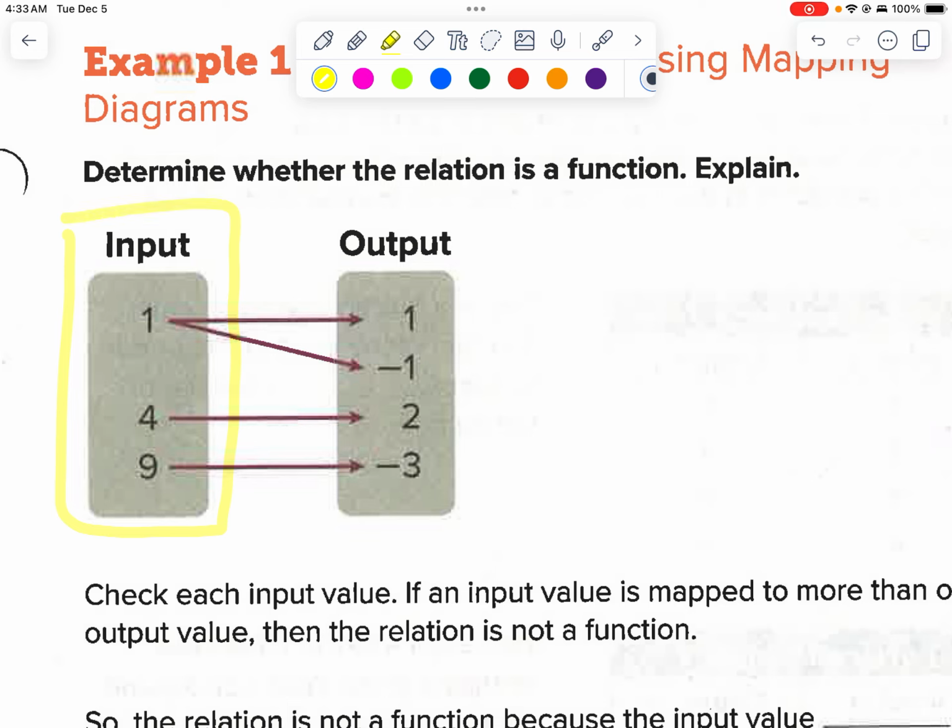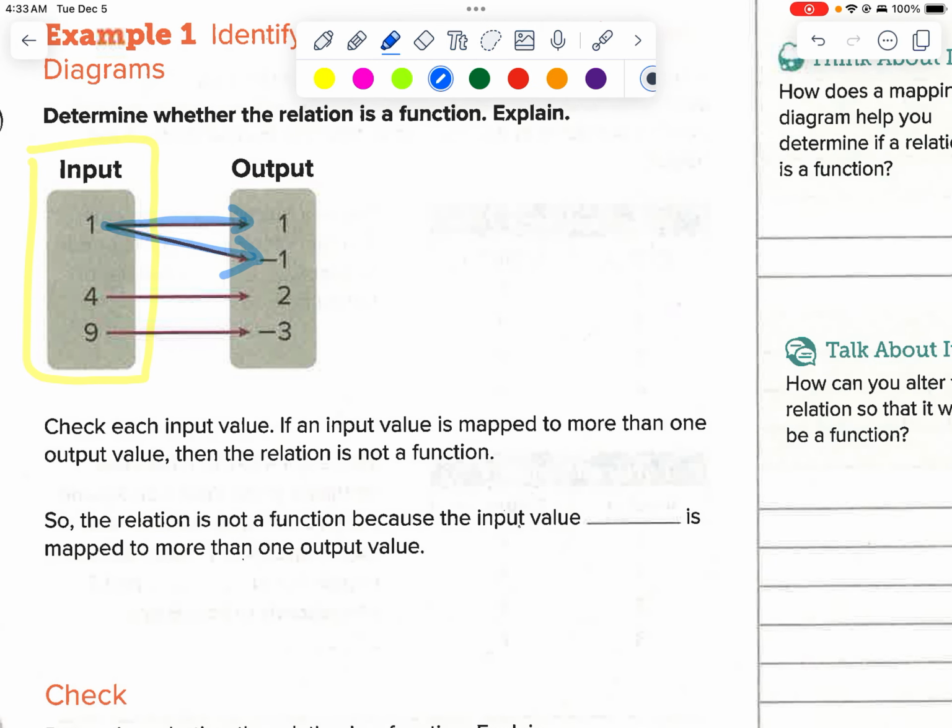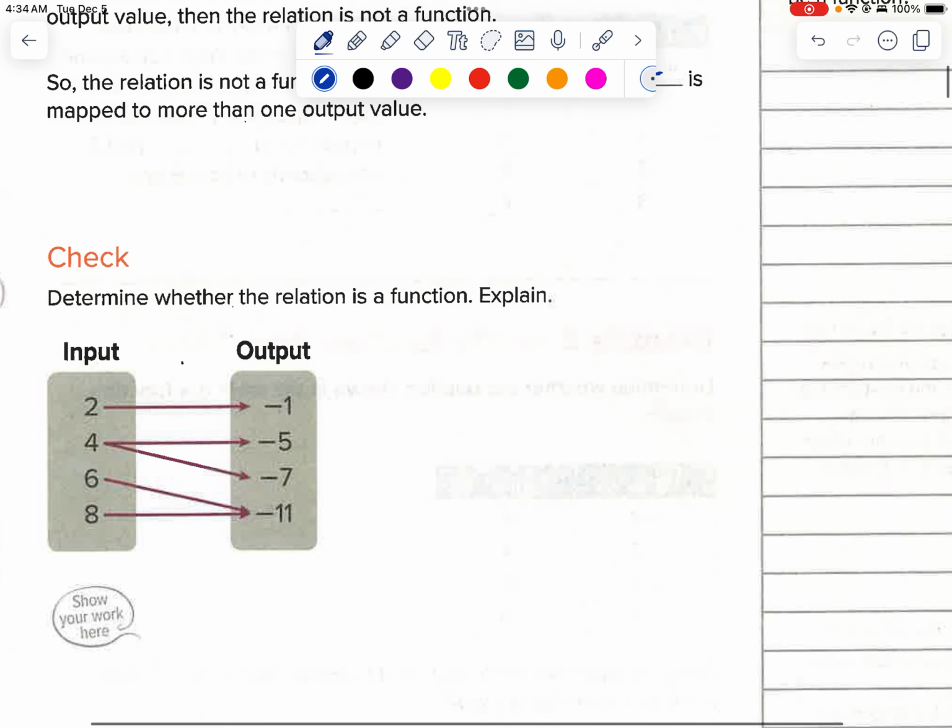And if you notice here, 1 is going to 2 different things. So this is not a function. The relationship is not a function because the input value of 1 is mapped to more than one output value.